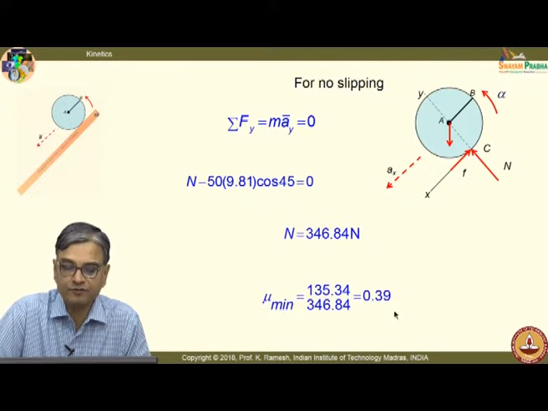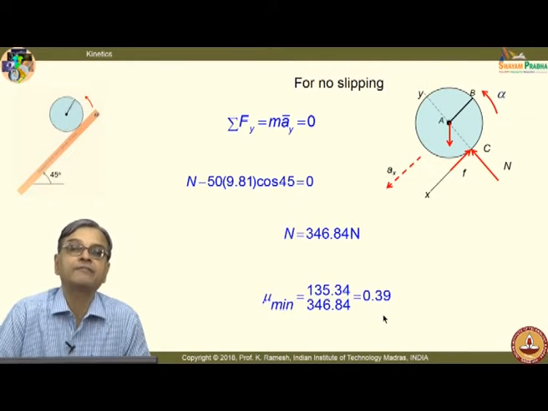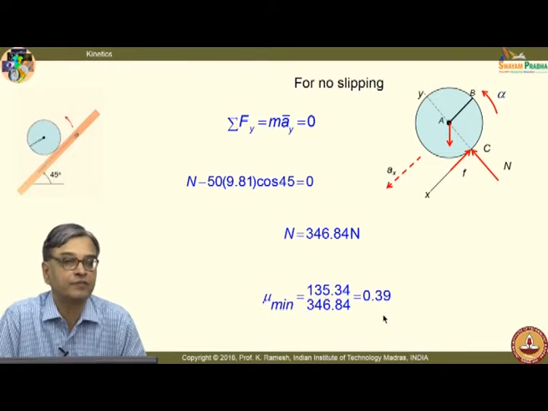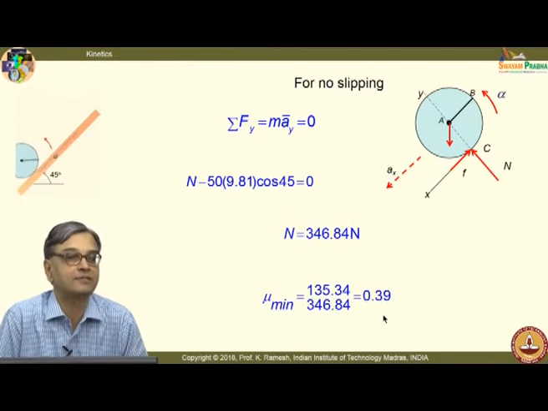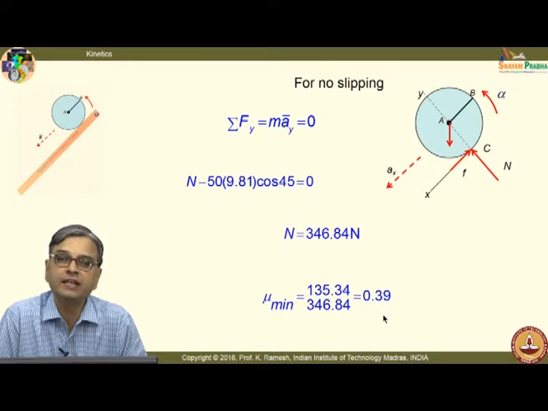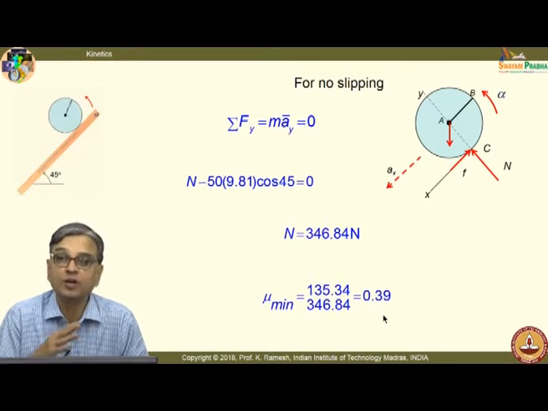So, that gives me that a frictional coefficient of 0.39 is required, so that the wheel rolls without slipping. So, friction aids, friction is needed in many applications.